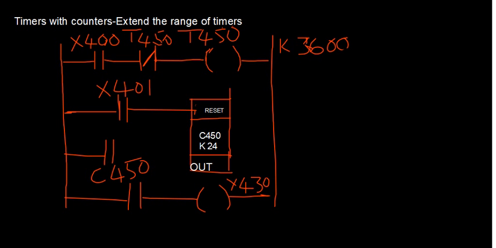This is T450 here. This is T450. So you have reset the counter with the value of K equal to 24, as you can see here, K equal to 24.